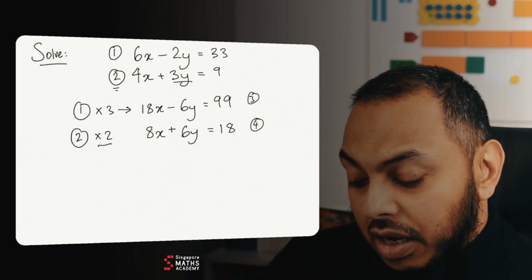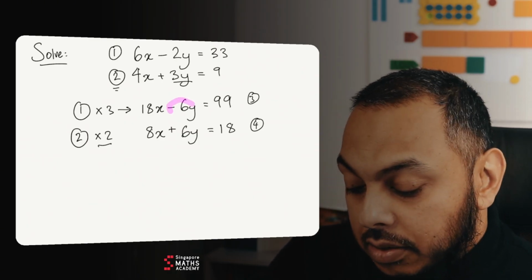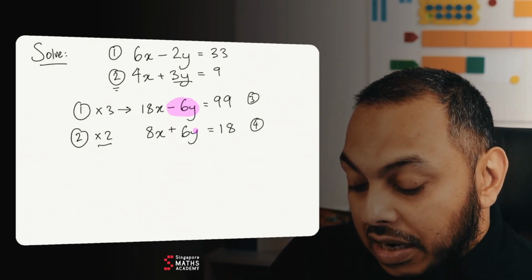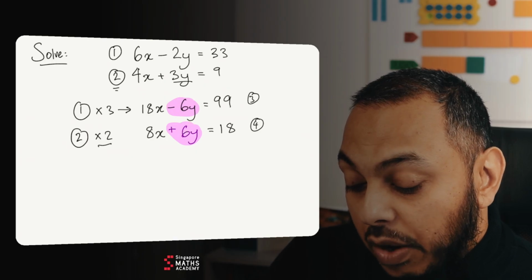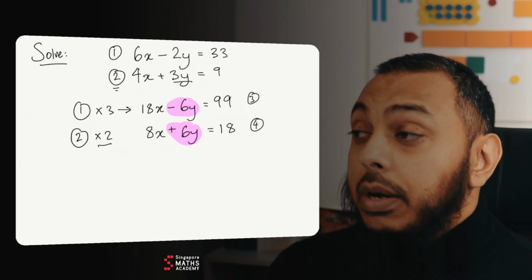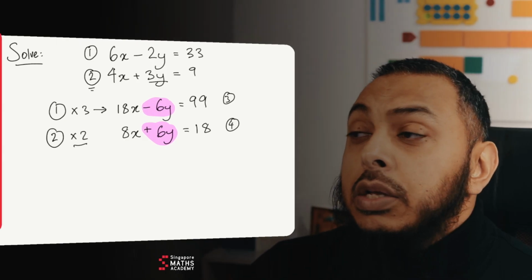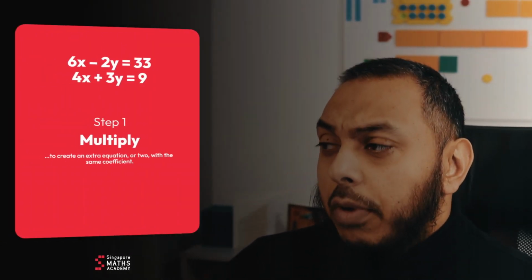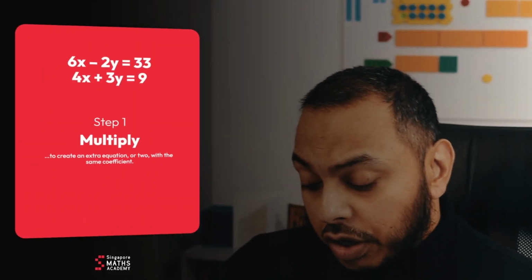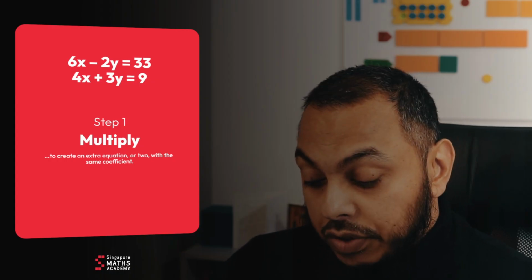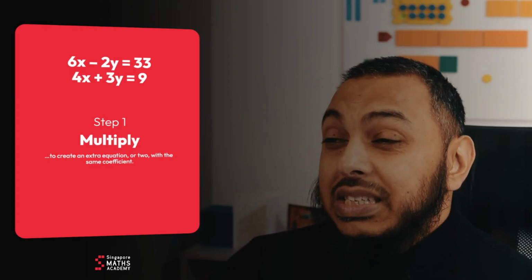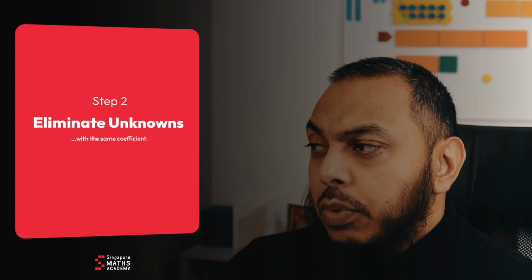I'm going to use equations 3 and 4, and I'm going to subtract, or add. What should I do? I've got a negative 6y and I've got a positive 6y. The goal, remember, is to eliminate. So have a look at this. Step 1, multiply to create an equation or two with the same coefficient. We've got the same coefficient, which is 6y. One's negative, one's positive, but they're both 6y's. And then it says to eliminate the unknowns.